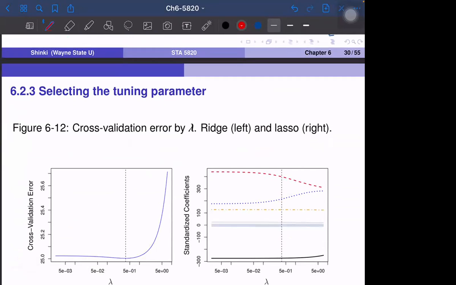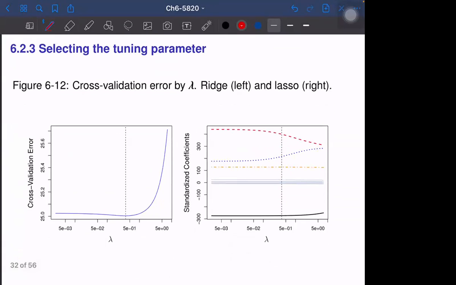Suppose data is given, then we do cross-validation, then we estimate the optimal lambda. The optimal lambda is here. I don't know how many lambdas they tried, but if they try different lambdas, then we can estimate the cross-validated MSE each time and identify the best lambda.